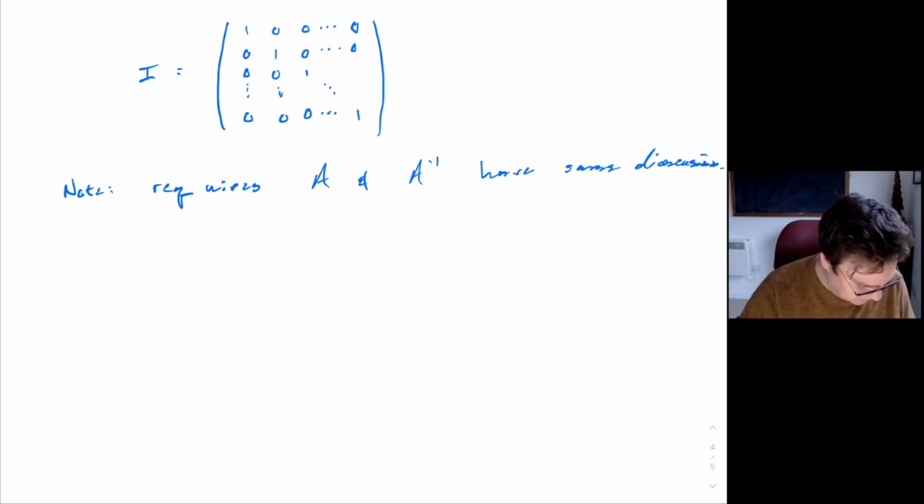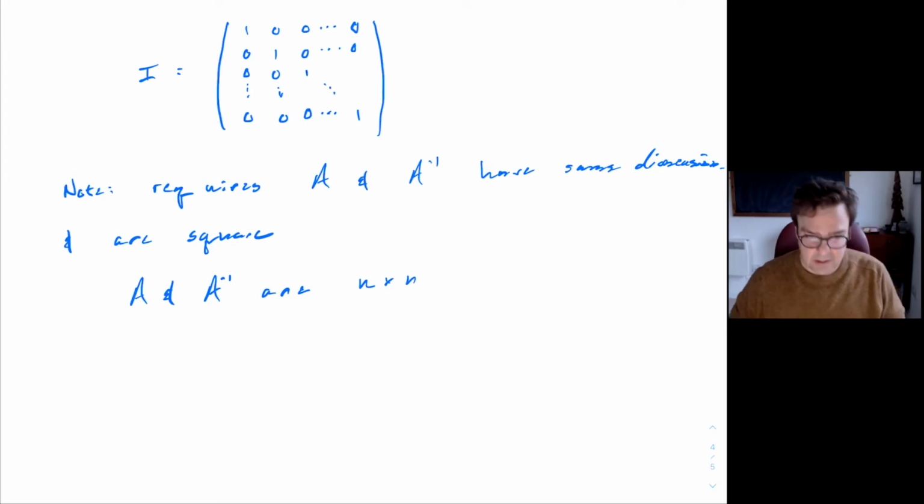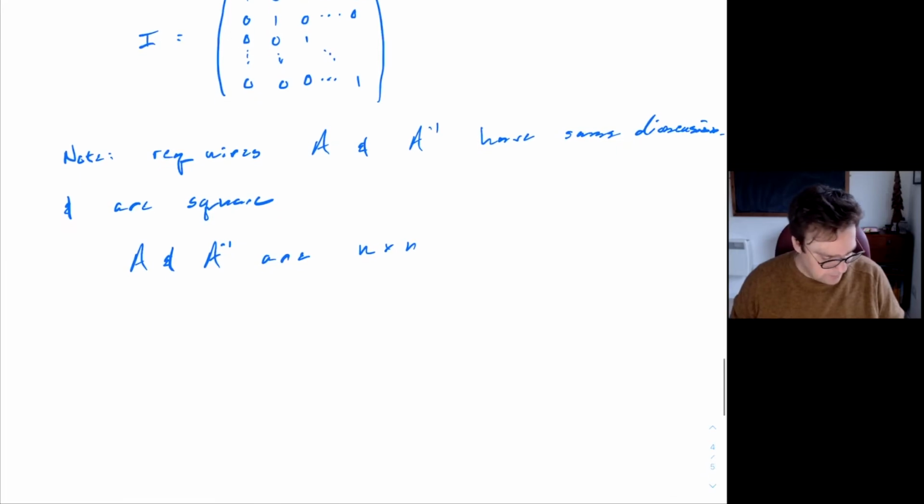So we'll write that down here as well. And they are square. So what I mean by that is A and A inverse are n by n for some n.